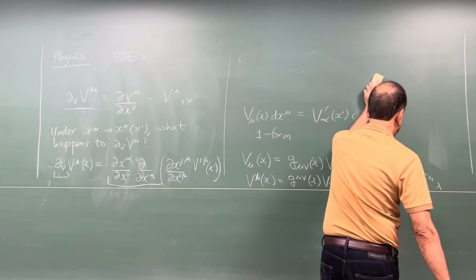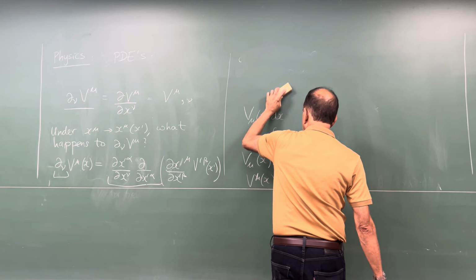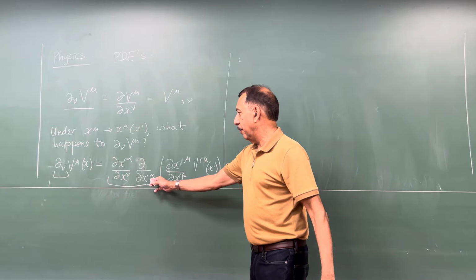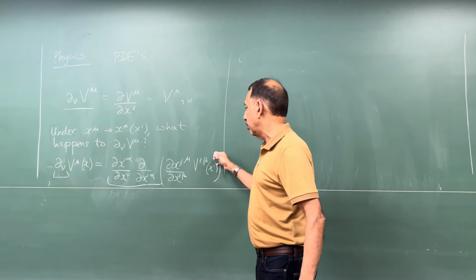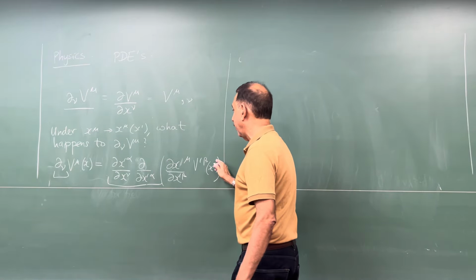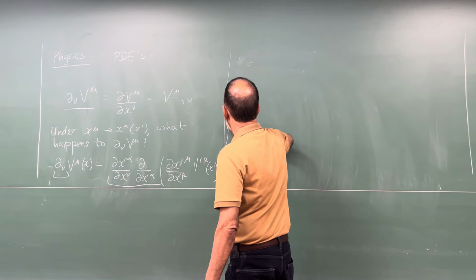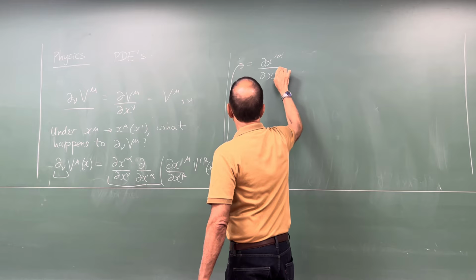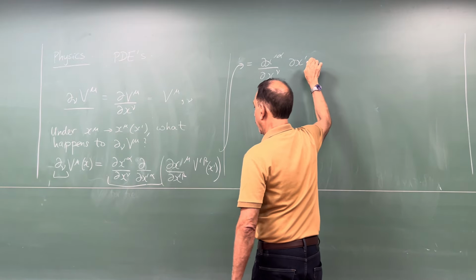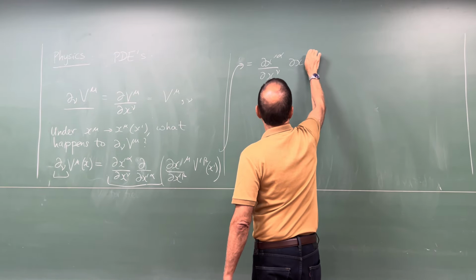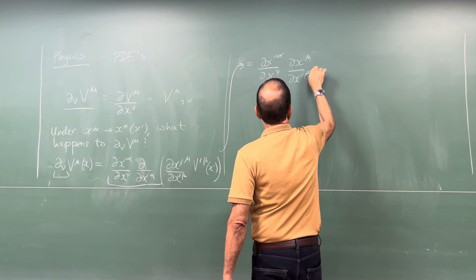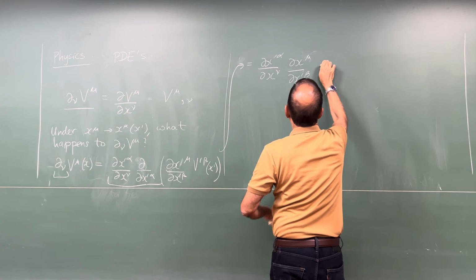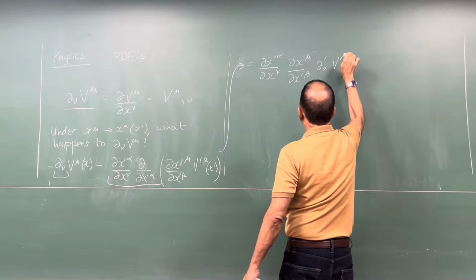So that answers my question, how does del V transform? And now I just have to work out the details. This differential operator will act on this factor and will also act on that factor. When it acts on that factor, I'll get that.